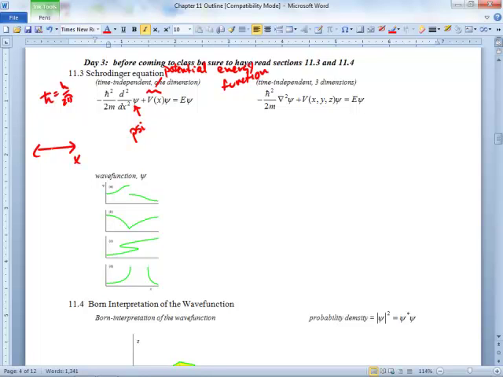But notice, you take the second derivative of the wave function, take the potential energy function times the wave function, figure out what all that stuff is, then you solve it. Here's your answer. You get a number. And then you get the wave function back again. That's just how it works.